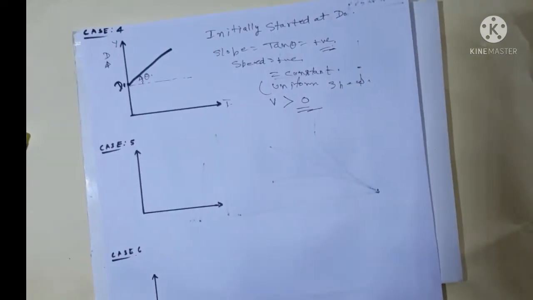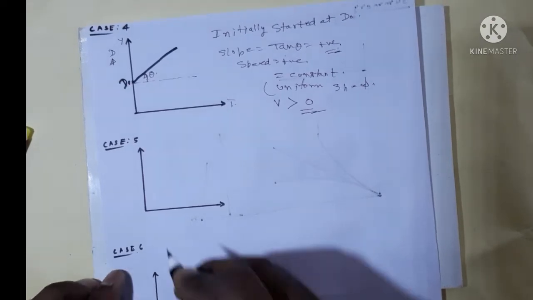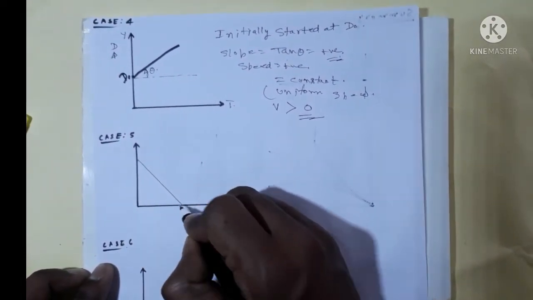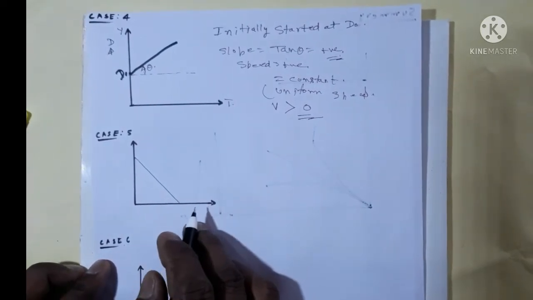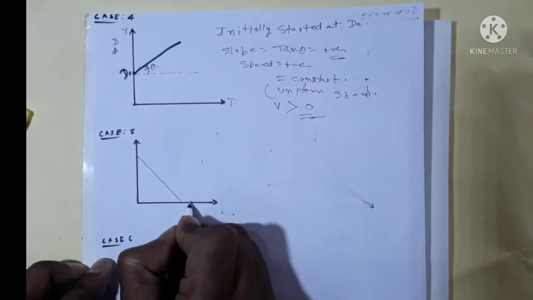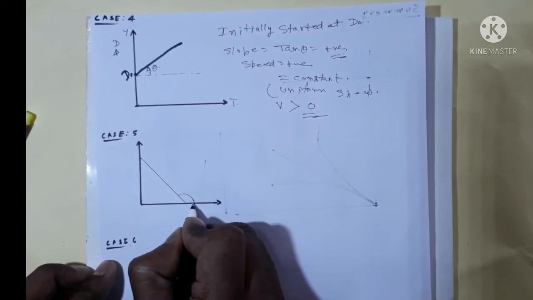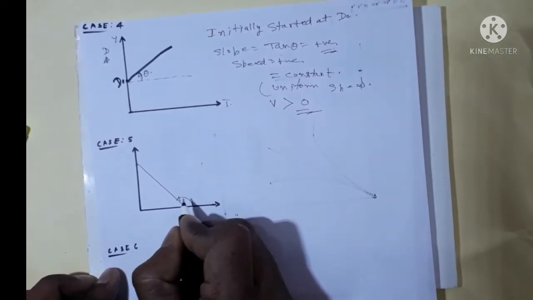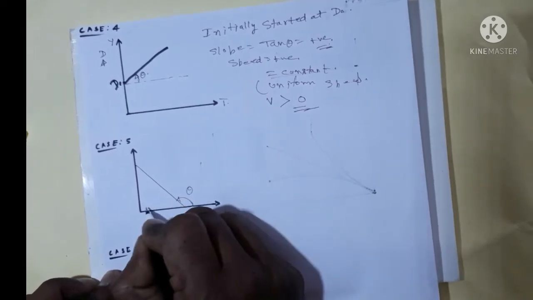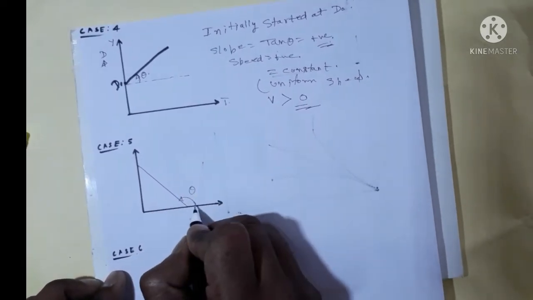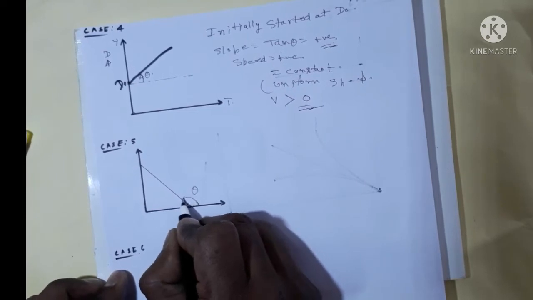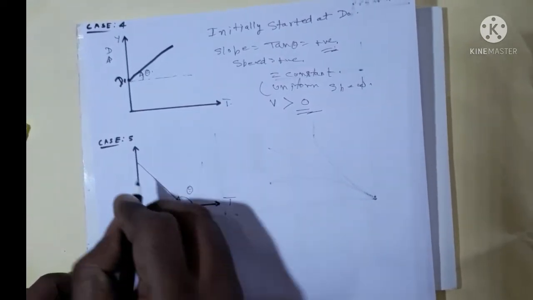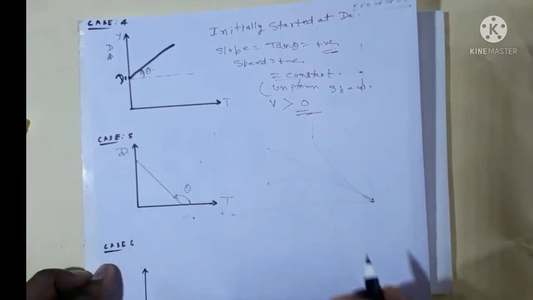Now we discuss case 5. If the graph is like this, a straight line, but theta is greater than 90 degree. Here the angle is taken from the positive axis, this side is known as the positive axis and this side is known as the negative axis. So the angle is taken from the positive axis, here theta, and this represents time and this represents distance.